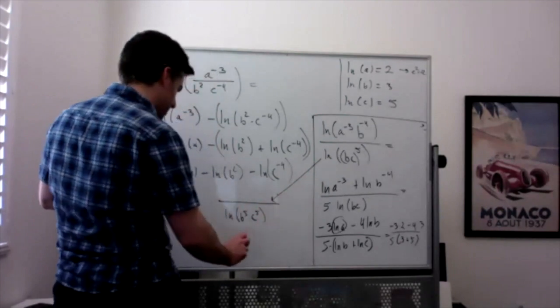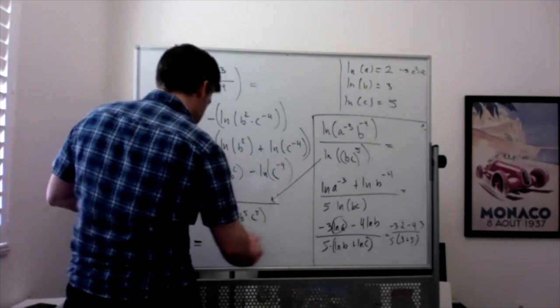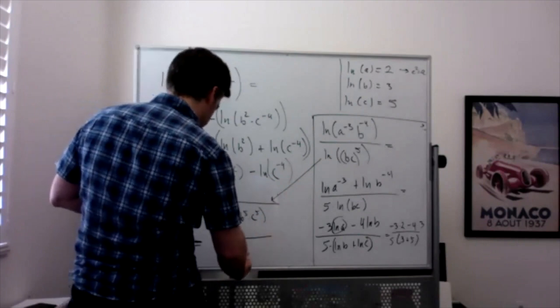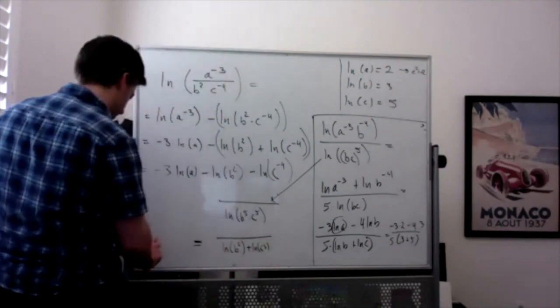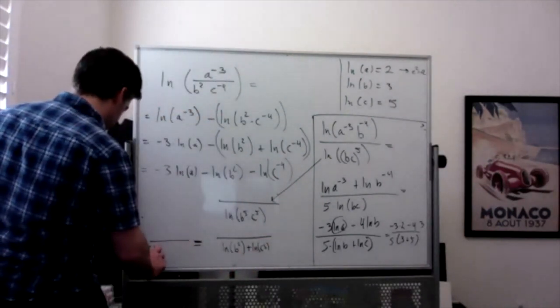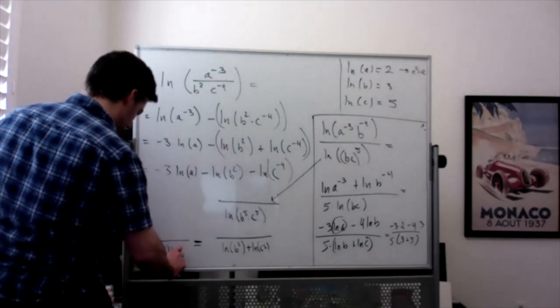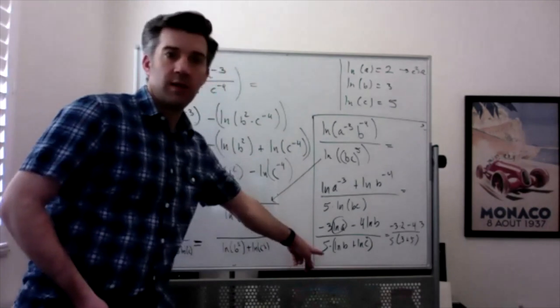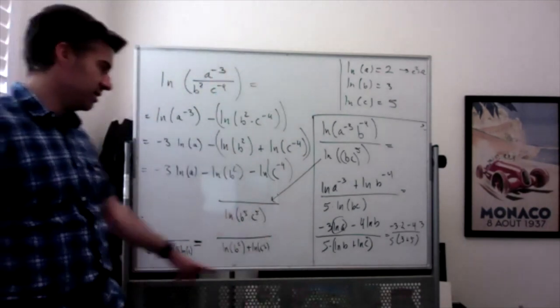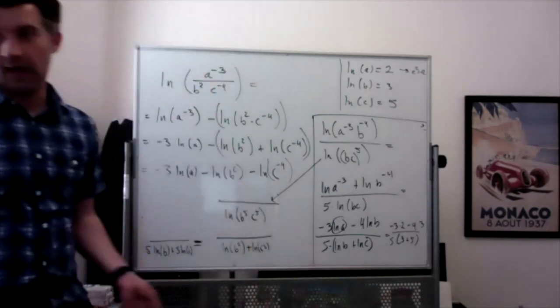And then in the next step, you would have the natural log of b to the 5th plus the natural log of c to the 5th. And then in the final step, you'd have 5 natural log of b plus 5 natural log of c, which is the same as here, right? It's just that here the 5 is distributed and here we haven't distributed it yet. But yeah, it ends up being the same.